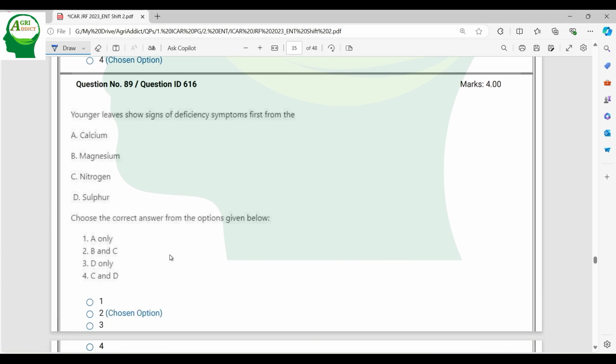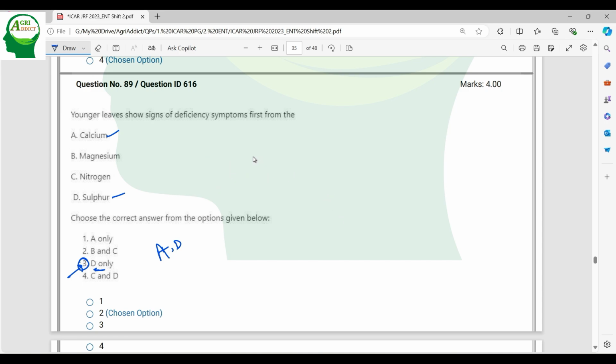Younger leaves show signs of deficiency symptoms first from the... actually, this question is some sort of incorrect question. Here four element names are there: calcium, magnesium, sulfur and nitrogen. The answer should be calcium and sulfur both, but no option is given for A and D. In the answer key only D was given.